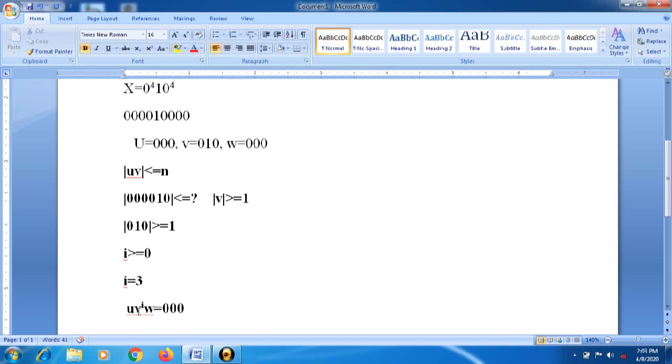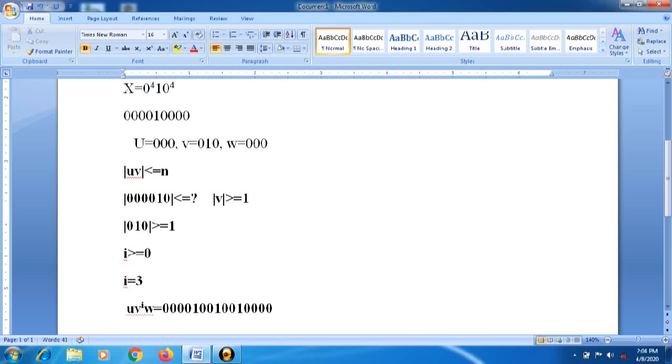The value of v is 010, and if we take its third power, it means repetition of these three values: 0 1 0, again 0 1 0, and again 0 1 0, and w is nothing but 0 0 0. Now check whether this string is a palindrome or not. If we start scanning from left to right and right to left, check whether the string is satisfied or not.